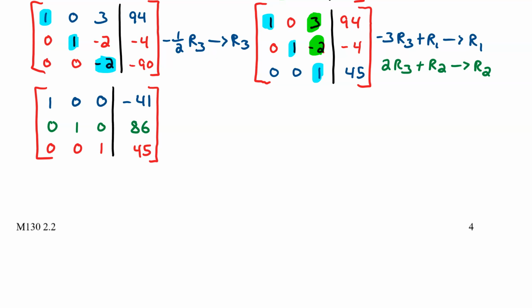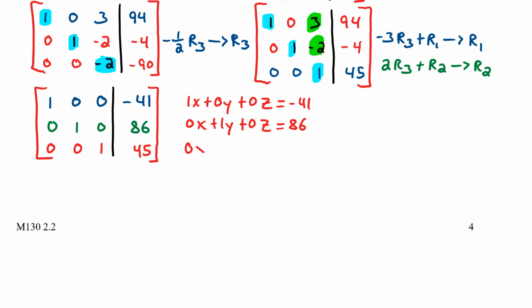And so now, if we want to take these equations out of the matrices so that we can interpret them, we would have 1x plus 0y plus 0z equals -41. We would have 0x plus 1y plus 0z equals 86.